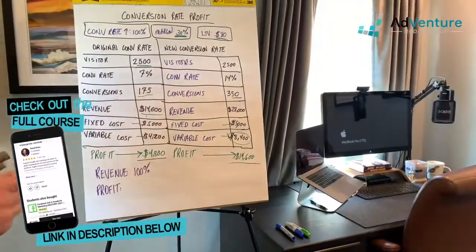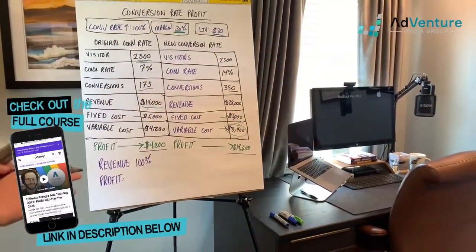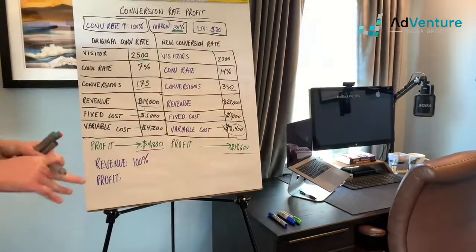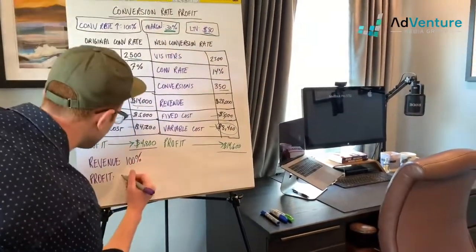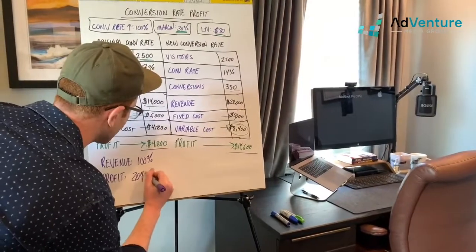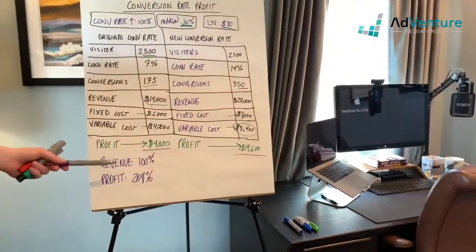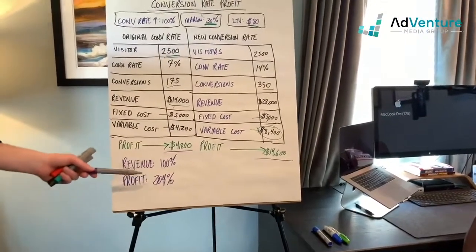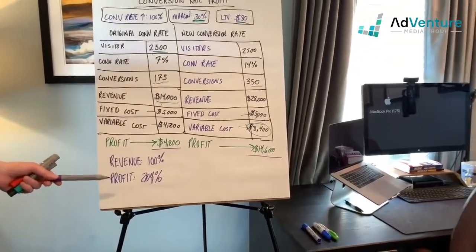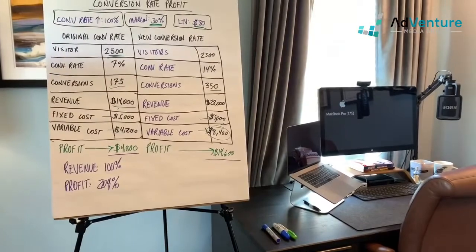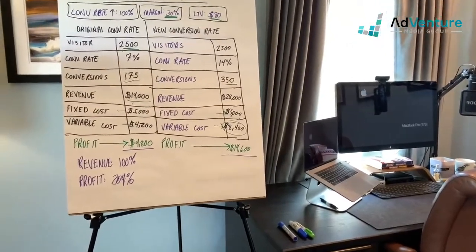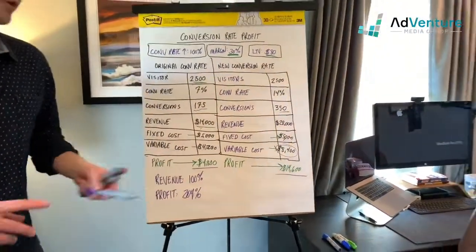But let me just think. It's 203 or 204, probably around 204%, I think, okay? So while we moved revenue, we doubled revenue, right? We almost tripled profit, okay? We almost tripled profit when we doubled revenue.